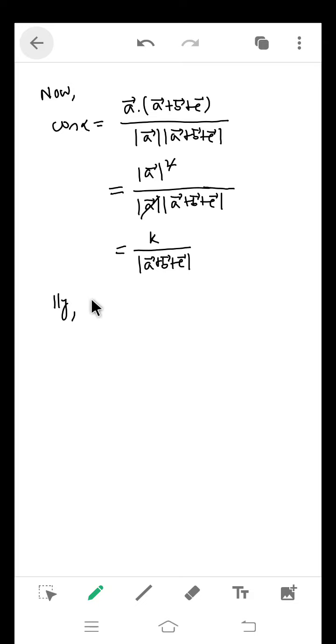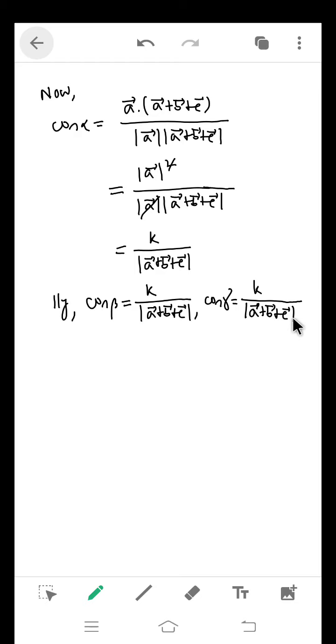Similarly, you can check that cos beta will also be the same, k by mod of A plus B plus C, and cos gamma also you'll get k by mod of A plus B plus C. So obviously cos alpha, cos beta and cos gamma are equal, and therefore the angles are equal.